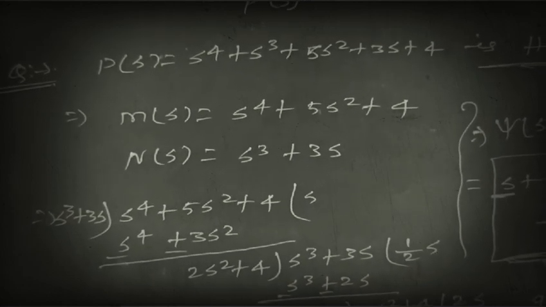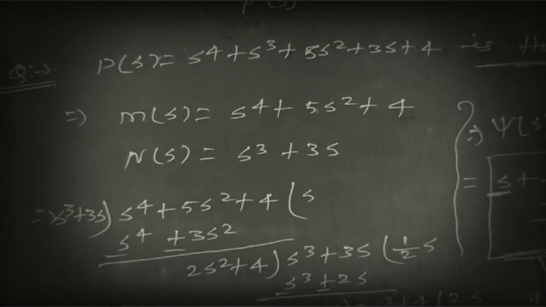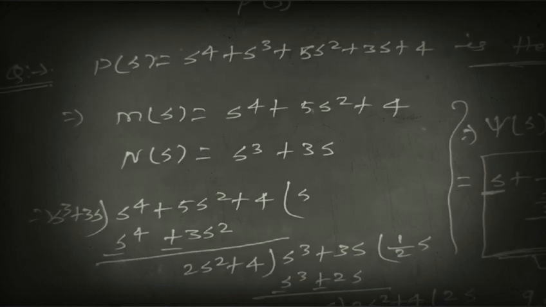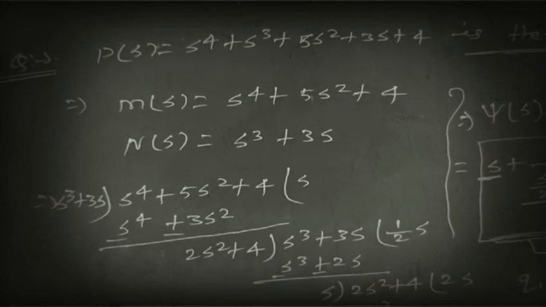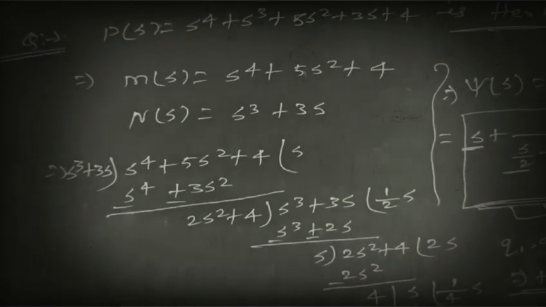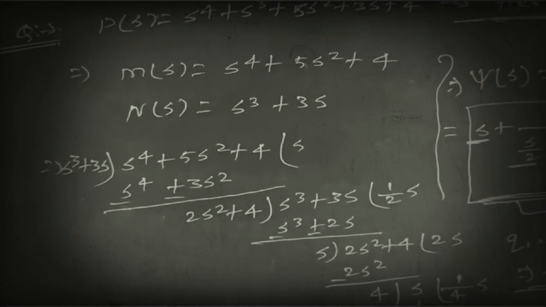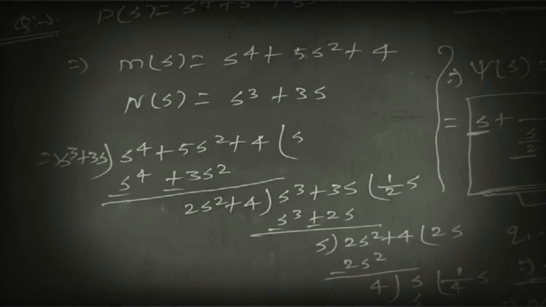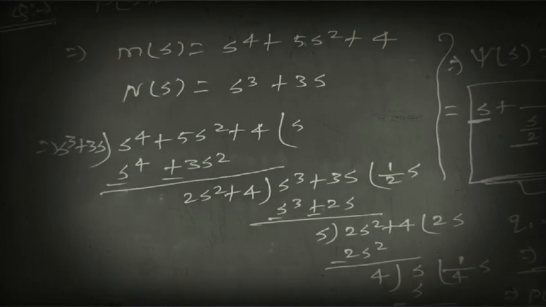This 2s square plus 4 is the remainder. Now this remainder will become the divisor and s cube plus 3s will become the dividend. When we divide s cube plus 3s by 2s square plus 4, the next quotient will be 1 by 2s, and the remainder is s.